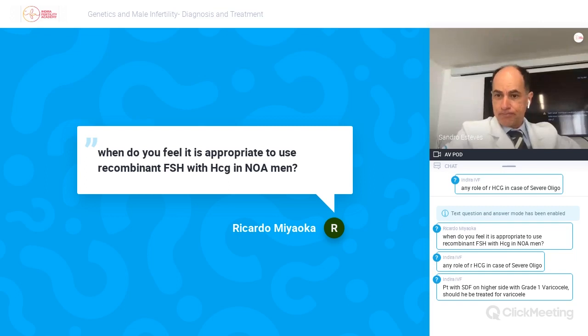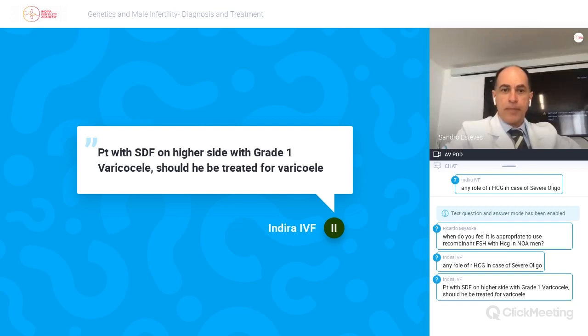So there's another question here, which is, the patient with sperm DNA fragmentation on the higher side with a grade 1 varicocele, should he be treated for varicocele? I do think so, because when we grade the varicocele, when I put the patient standing and I can see the varicocele, I say this is a grade 3, a large varicocele.